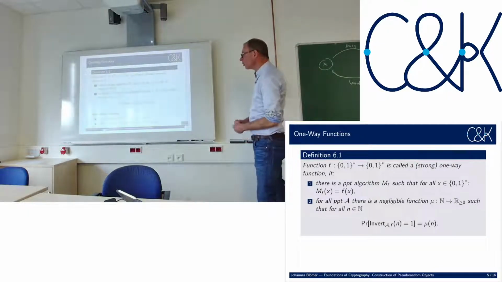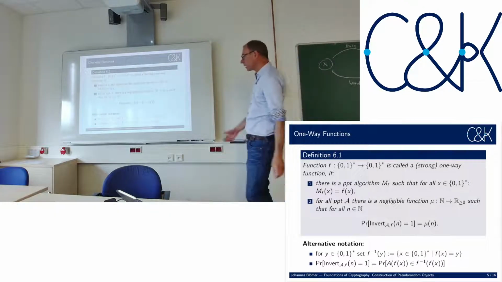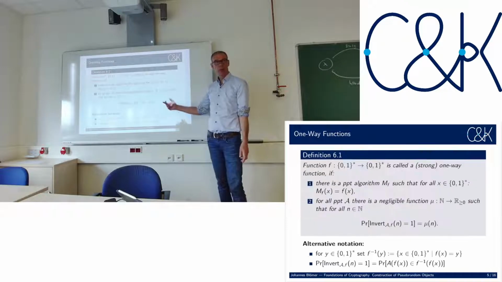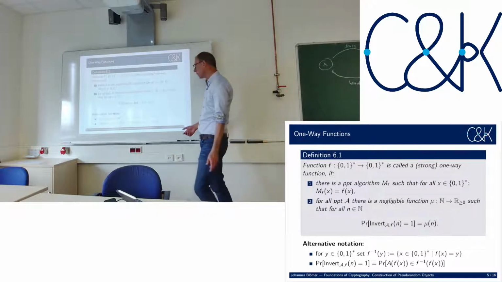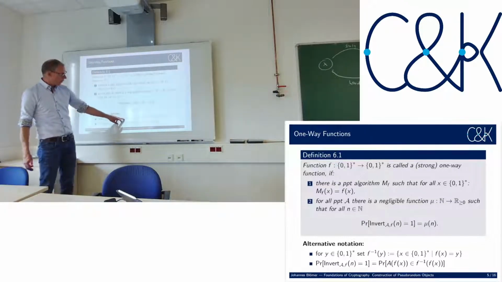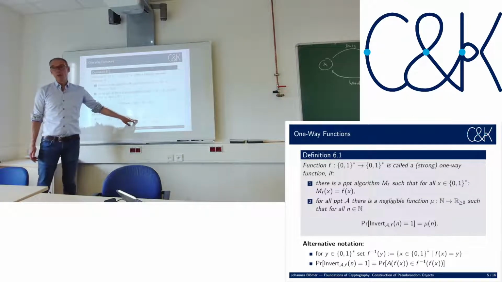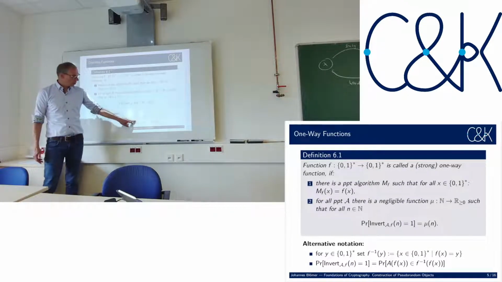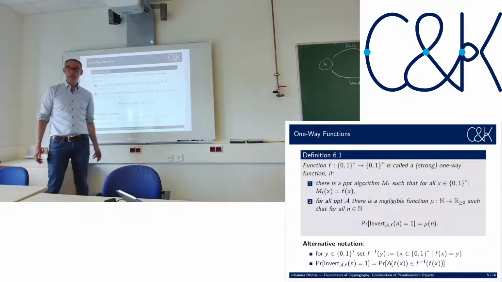An alternative notation that you'll see often, and that makes it even clearer that we do not require the adversary to recompute the original x, is for a y in {0,1}*, we set f^-1(y) as the set of all pre-images. So it consists of all x in {0,1}* such that f of x is y.